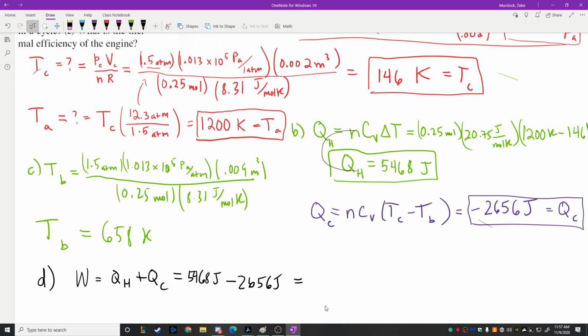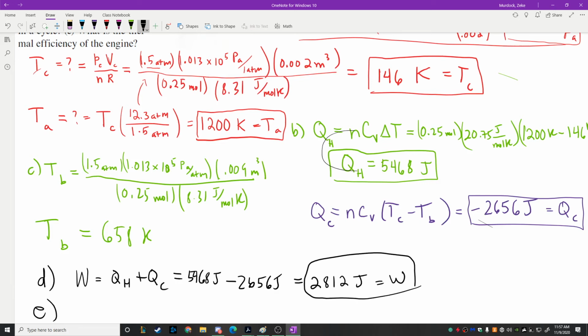So 5468 minus 2656, 2812. These numbers come out just slightly different if you're doing any rounding. So if you're a little bit off, don't worry about it. Just look at the first 2 digits. That's what you should concern yourself with. So this would be the work done by our process.